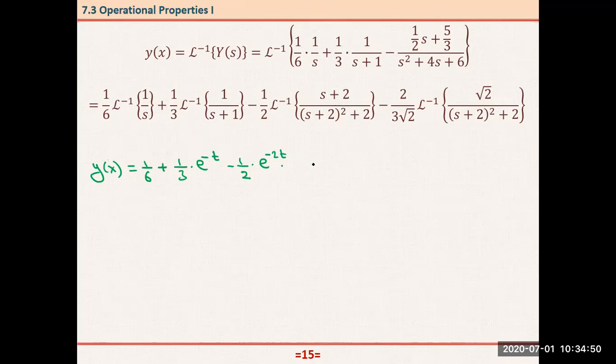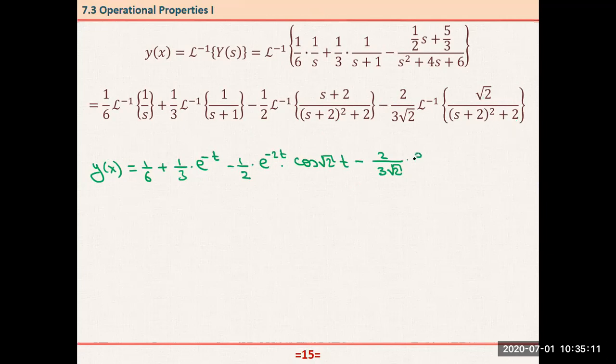And here we have, what is it? Because this one is s, right? That is cosine of square root of 2t. Minus, how about here? 2 over 3 square root of 2 times. Here we have k over s squared plus k squared.